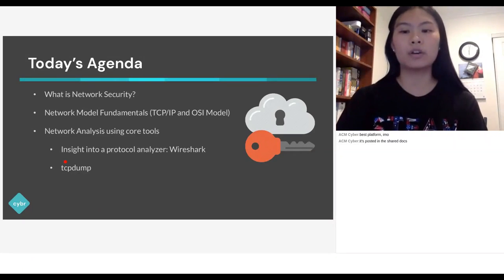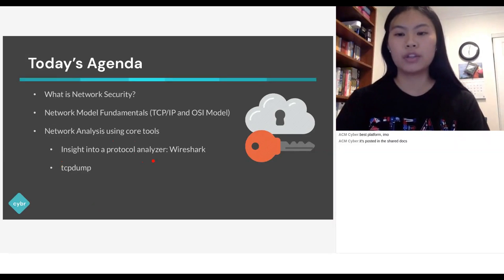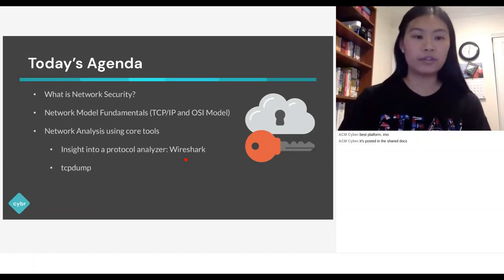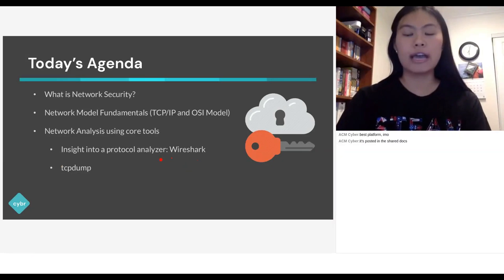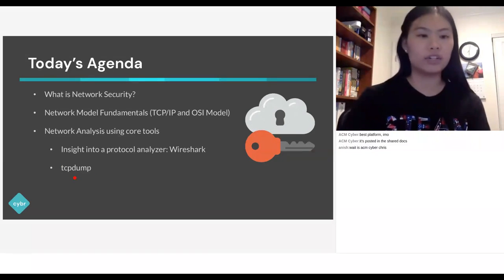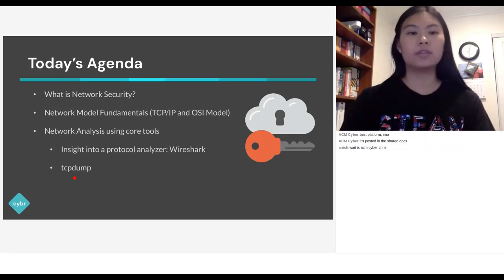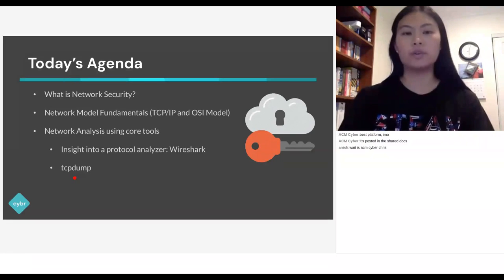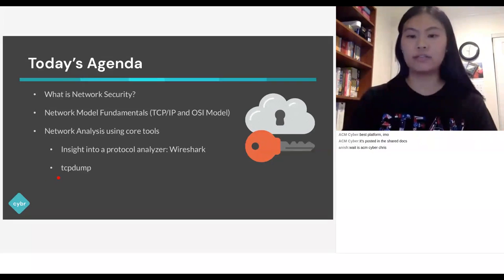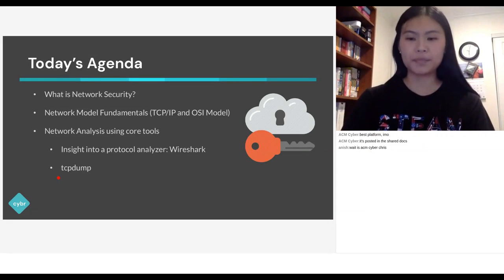Then I'll go over 2 core tools. The first is a graphical user interface tool, Wireshark, and the second is a command line tool, tcpdump. I will do a demonstration on those, and if you have virtual machines or Wireshark on your computer, you can follow along with the packet captures.